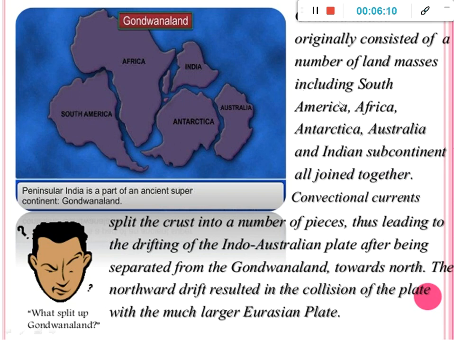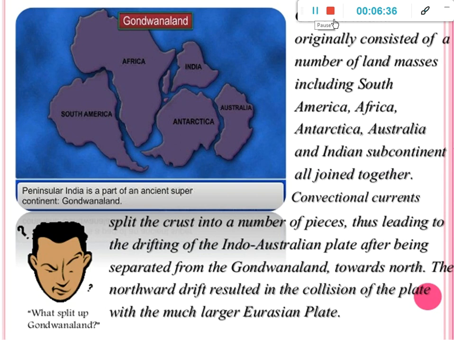Gondwana land had a number of land masses, including South America, Africa, Antarctica, Australia, and the Indian subcontinent. These were joined, but then they separated from each other. And before this, there was only one land that is known as Gondwana land.